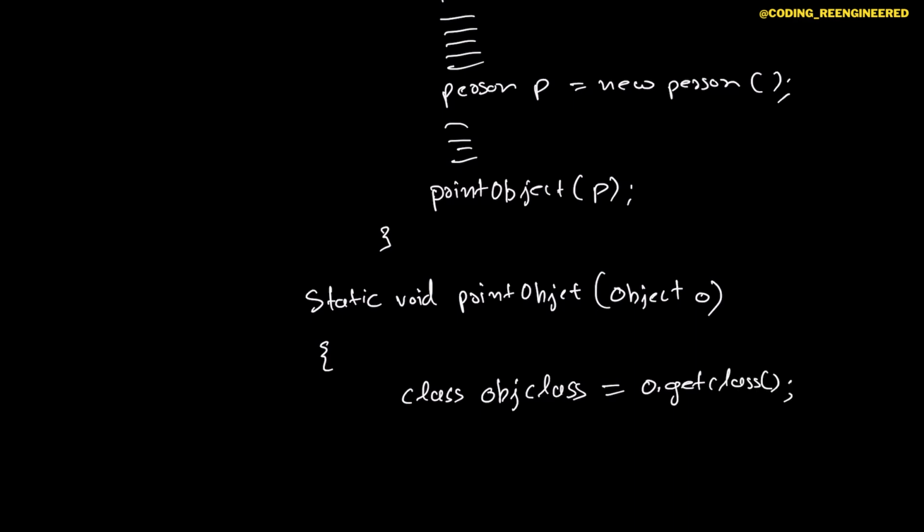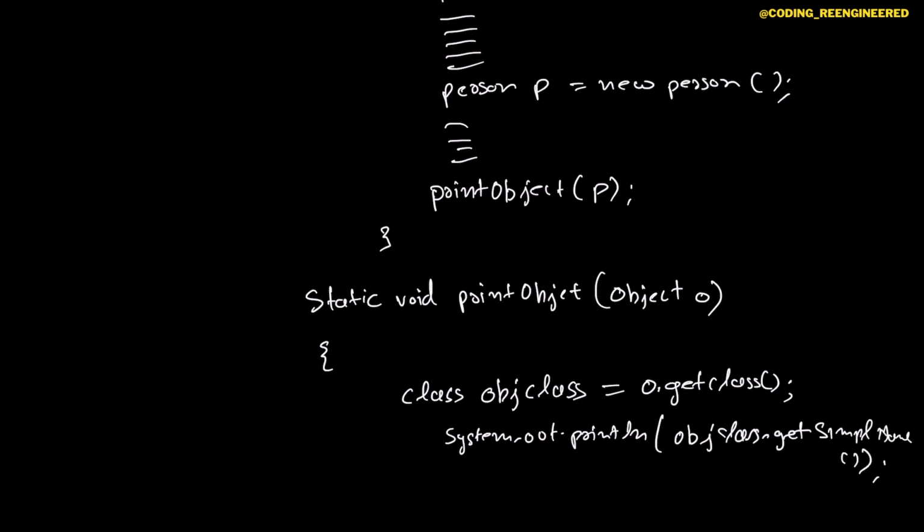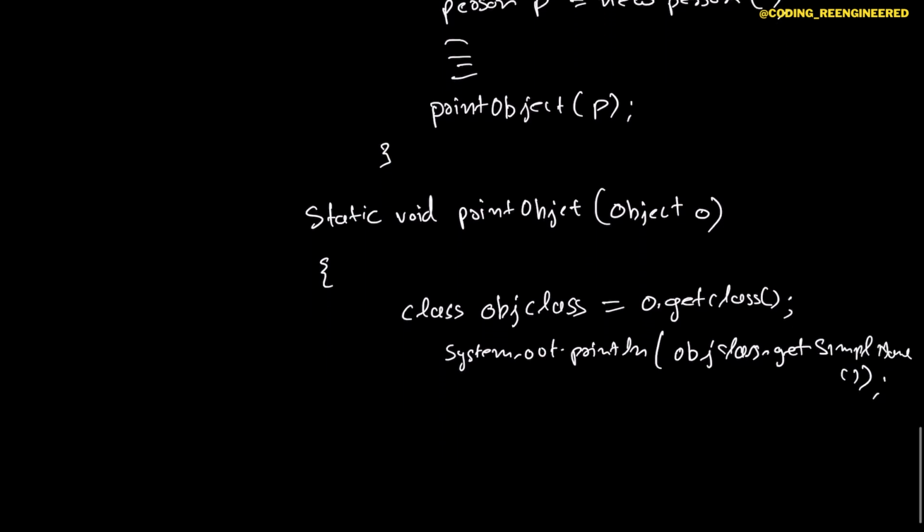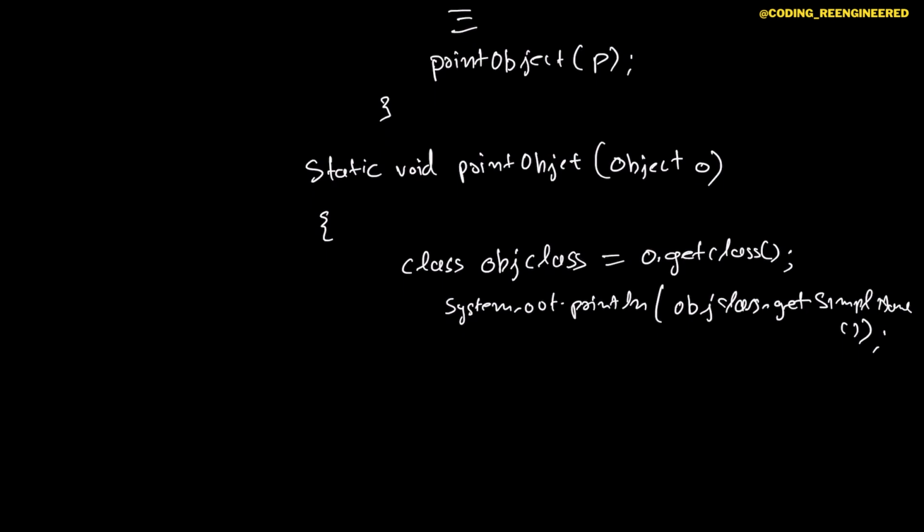If you want to print the name of the class using which the object has been referenced, you just need to do System.out.println(objClass.getSimpleName()). If you call this function defined within the class, you would get the name of the class that it's referencing using the current object.